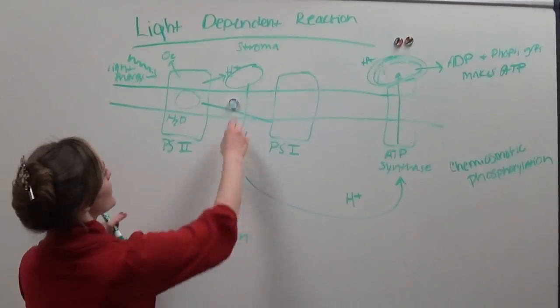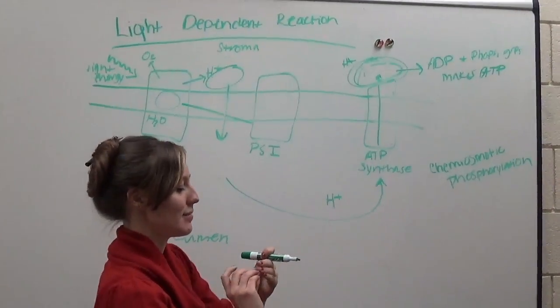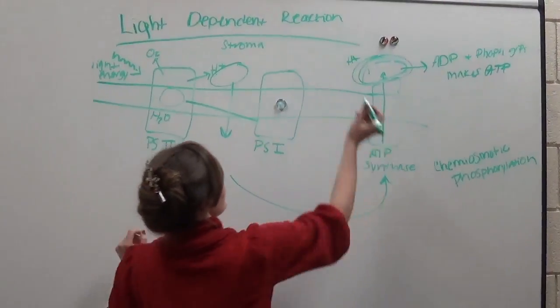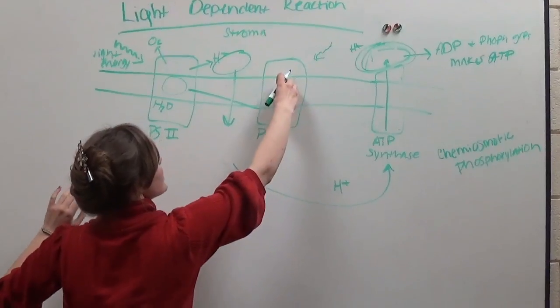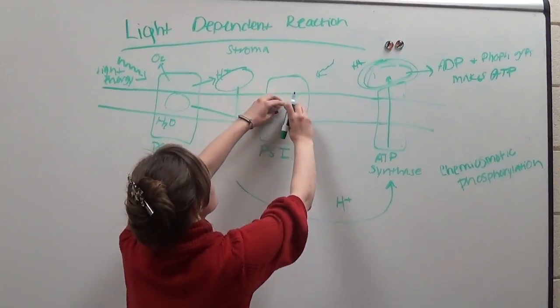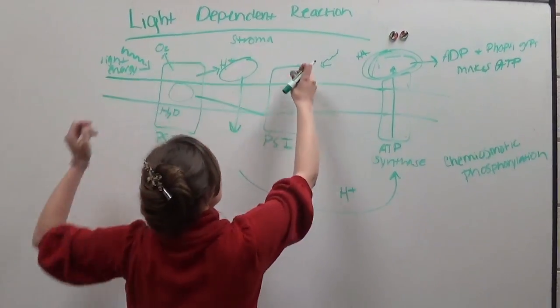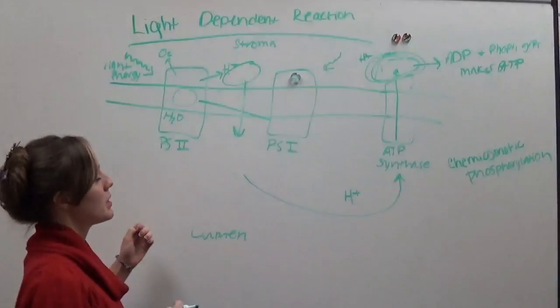So basically for photosystem 1, we have a different electron, which is hanging out in the thylakoid membrane. It also gets activated by light energy, and it breaks away from its chlorophyll group and is accepted by a different electron acceptor.